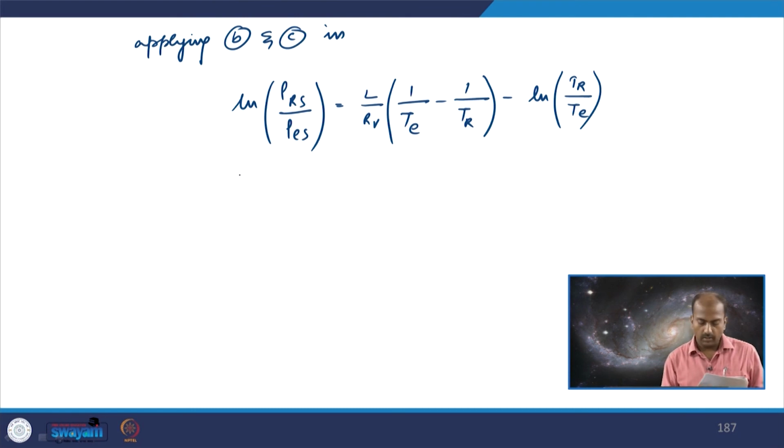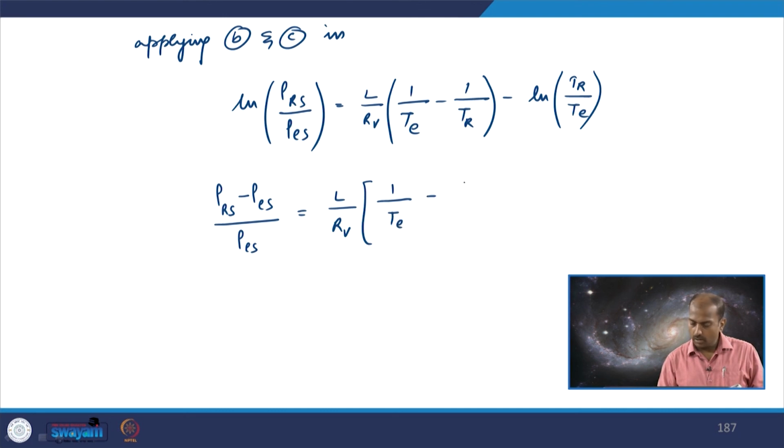When we apply this, we will get (rho_RS minus rho_ES) divided by rho_ES equals L by R_V times (1 by T_E minus 1 by T_R) minus (T_R minus T_E) divided by T_E.